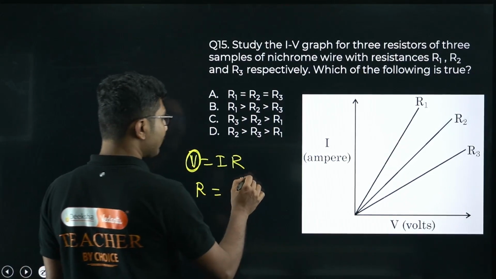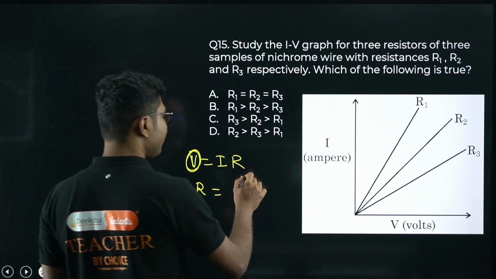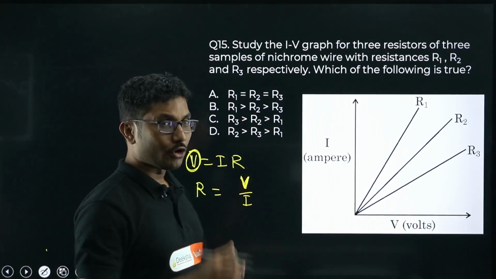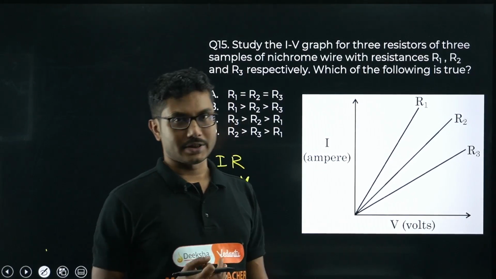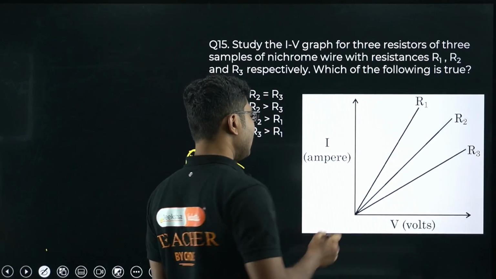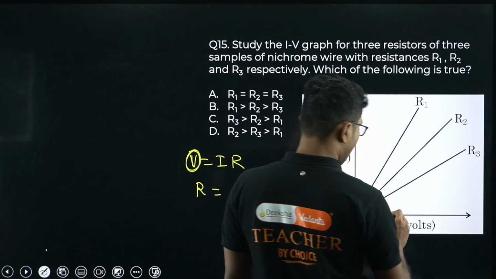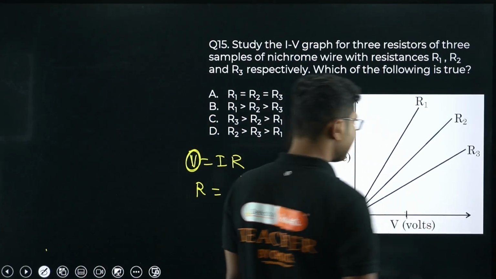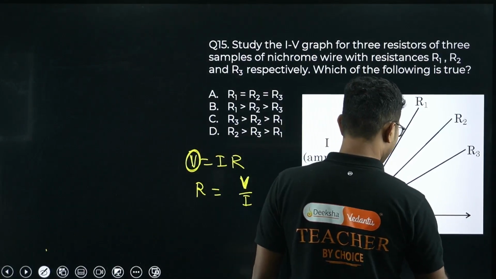So if you can somehow magically fix the voltage V, and see for which the current is more, that one will have the lowest resistance, right? So I will fix the voltage here, say at this point, by drawing a straight line.